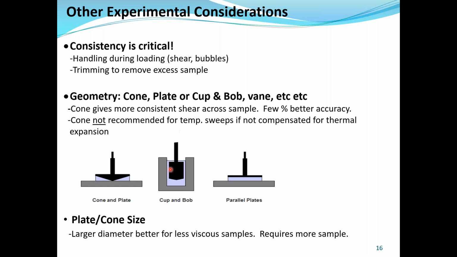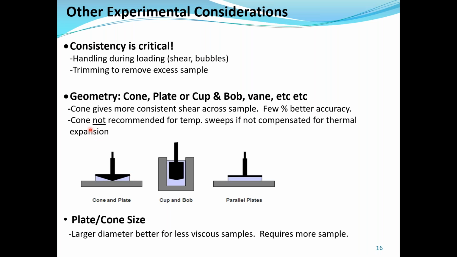The sample that's right in the middle of, in this case, a parallel plate is experiencing a lower shear than the sample that's further out when that plate is moving. Using a cone helps to give a better shear across the radius of the plate, or the cone in this case.